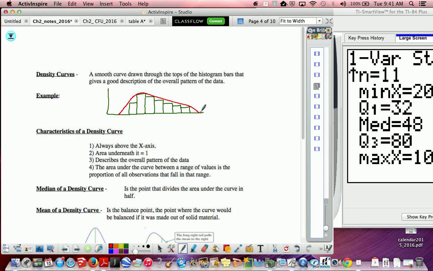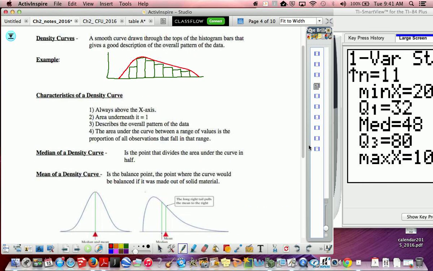Now a density curve has 4 characteristics. The first 2 are probably the most important and how we basically show whether or not something is a density curve. First of all, density curves are always above the x-axis. So notice how I stopped at the x-axis. I didn't continue down negative.